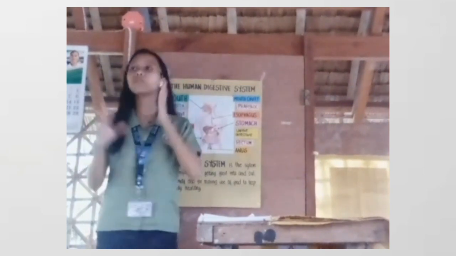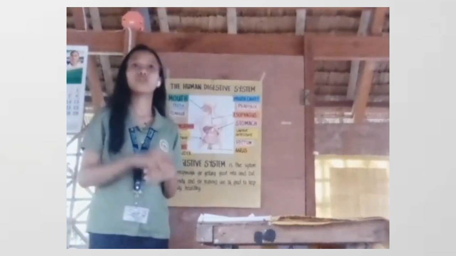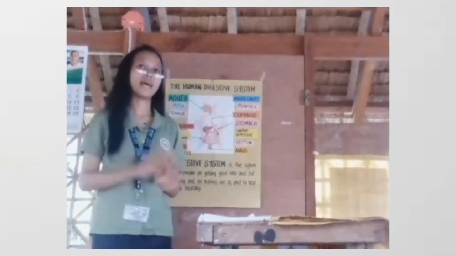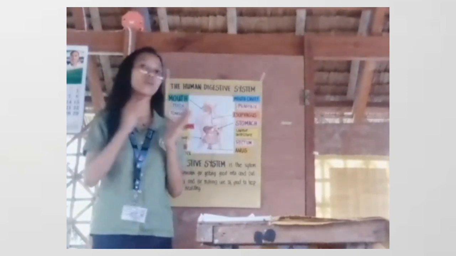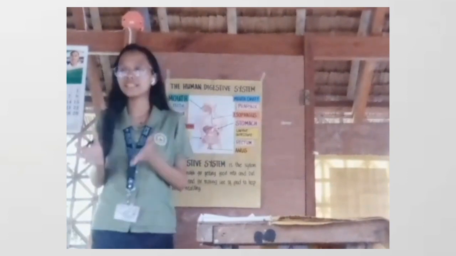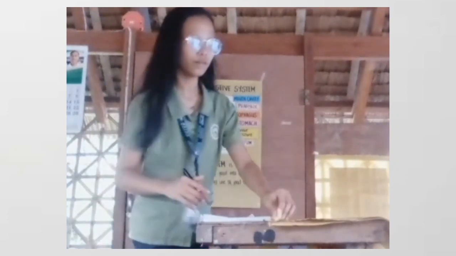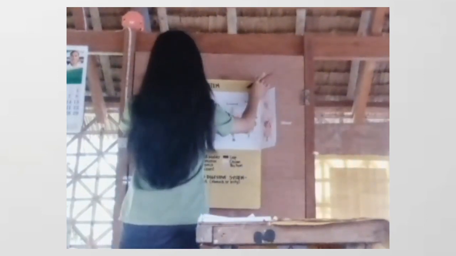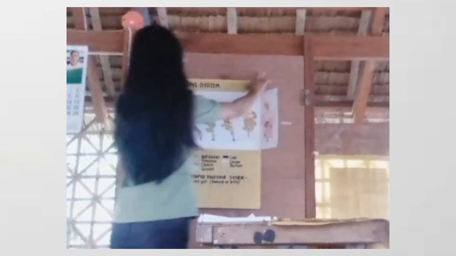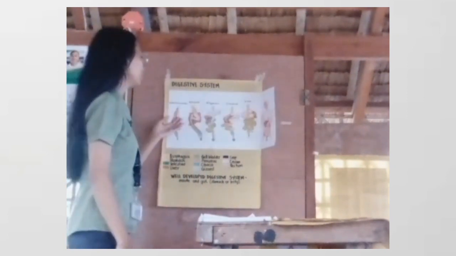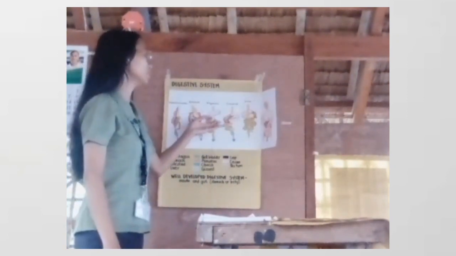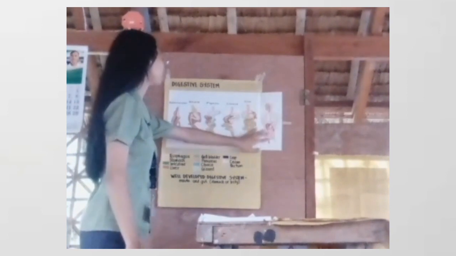Now, we will explore the different functions of each organ, as well as trace the pathway of food, where it starts and where it ends. But before that, we have here the digestive systems of different organisms. We have a salamander, shark, pigeon, lizard, and cow.